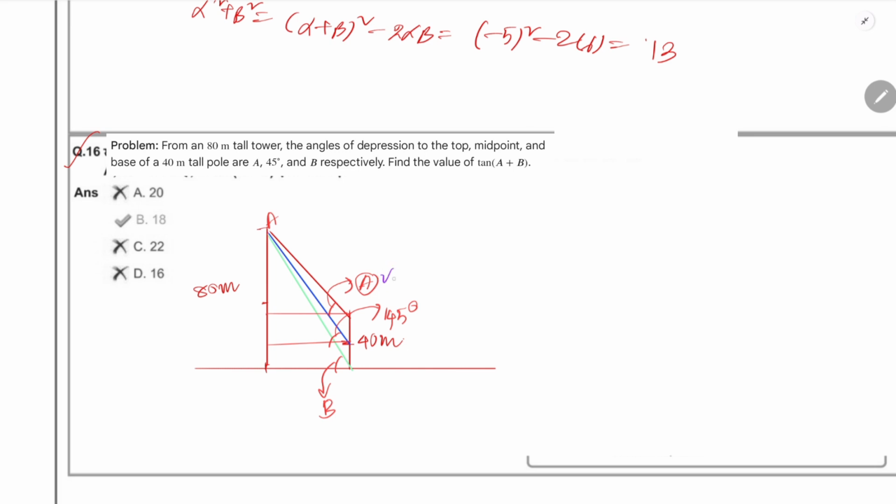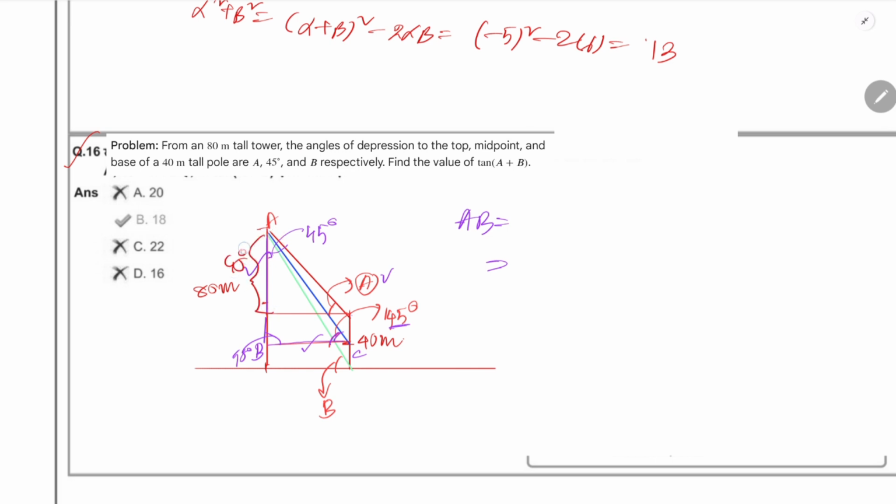The first angle is unknown, but the second angle is 45 degree. As it is a right angle triangle, if this angle is 45, this angle is also 45, and this angle is 90 degree. Then this length and this length are both equal. So let's find the length.